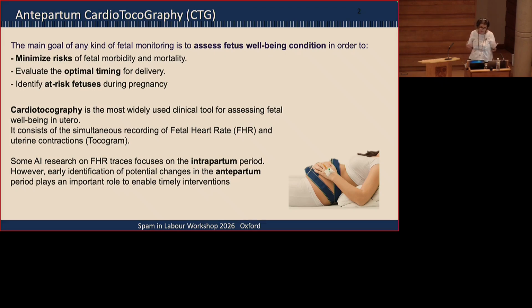These first slides are quite general, and I think all of you know this content. Our interest is in fetal monitoring, which is useful to minimize fetal risk, because it allows us to evaluate early, hopefully, changes that can arrive.